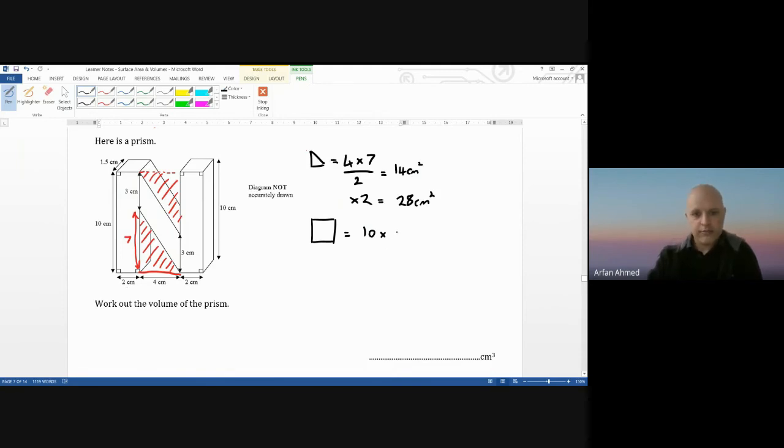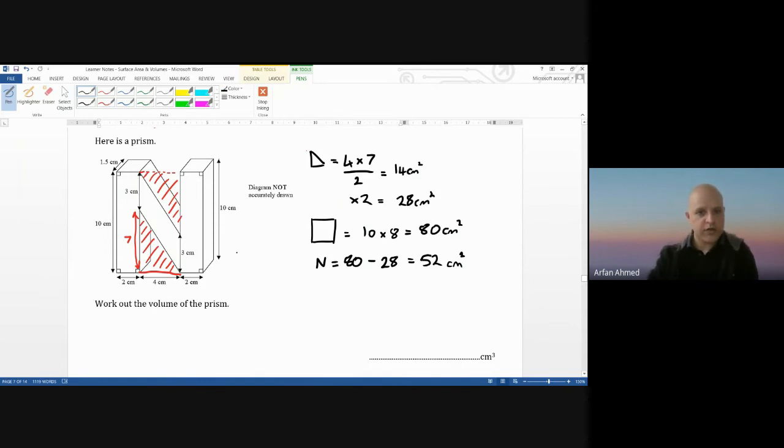That's going to be 8, which is 80 centimeters squared. So technically the end shape is going to be 80 take away 28. What's that? Yeah, it's a lot quicker, isn't it? Definitely 52 centimeters squared. There's my area of my cross section.